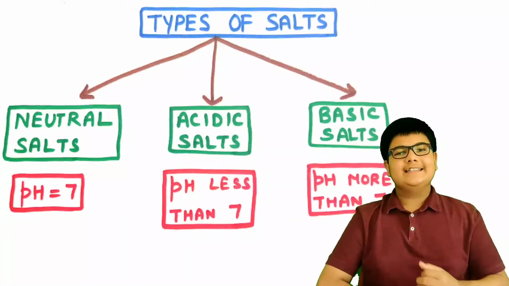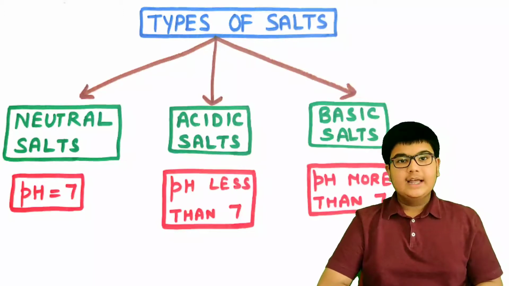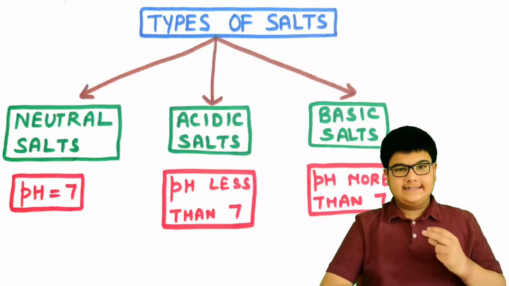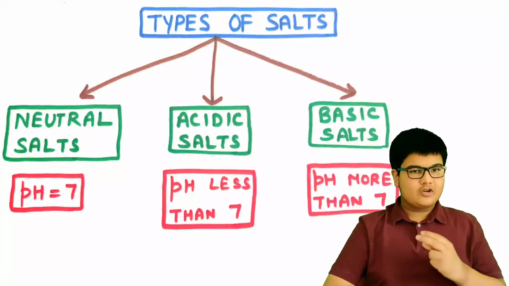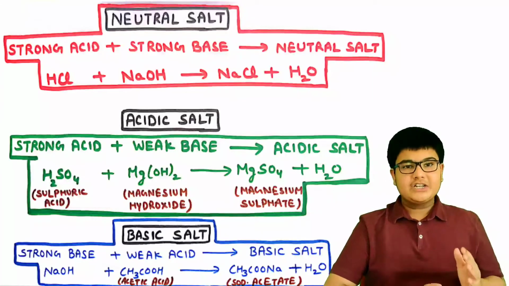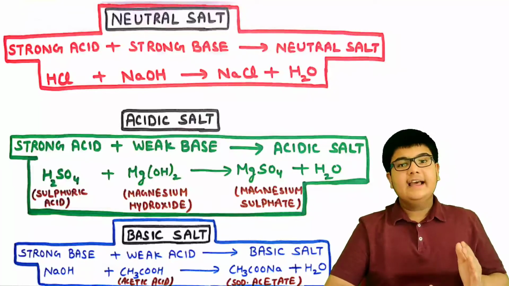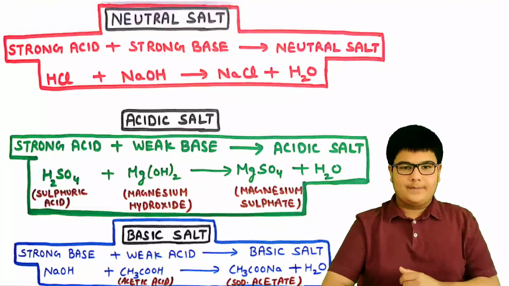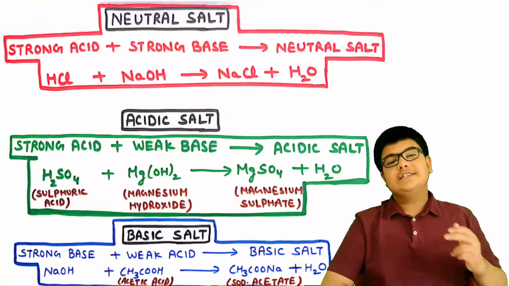Now let us see the types of salts. There are three types of salts: neutral salts, acidic salts and basic salts. Neutral salts: when a reaction between a strong acid and strong base takes place, then a neutral salt is formed with pH equal to 7.